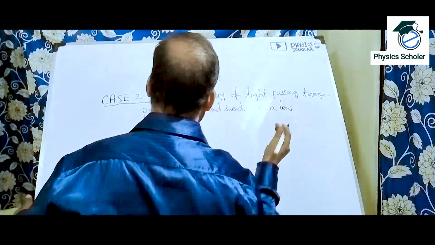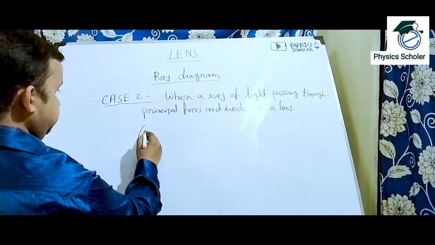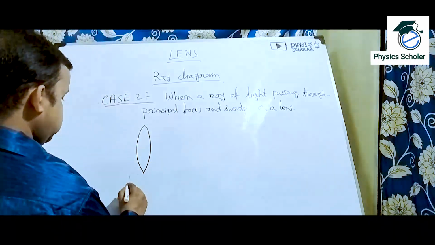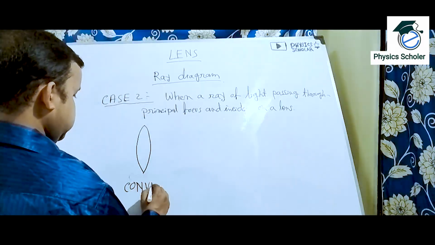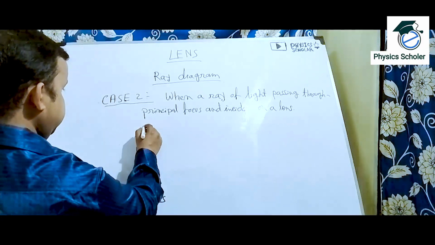On a lens means it can be concave or convex. Suppose I am drawing a diagram. Which type of lens is it? It is a convex lens.